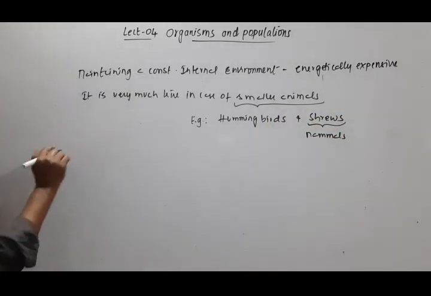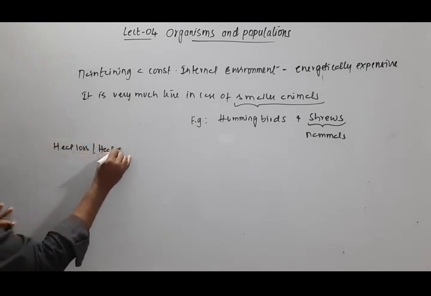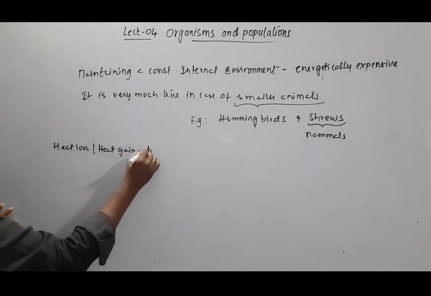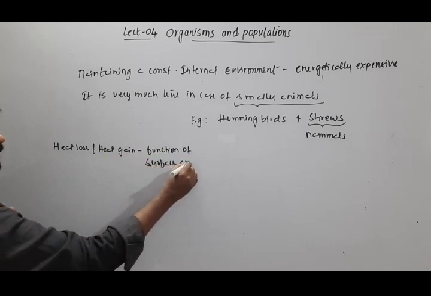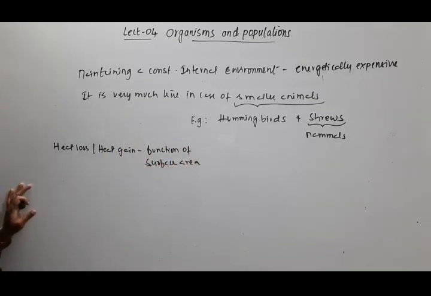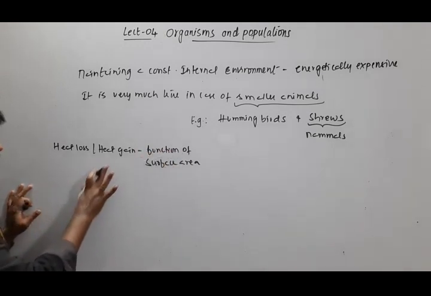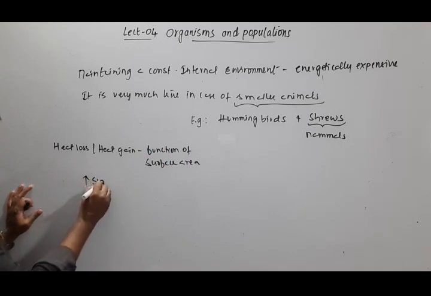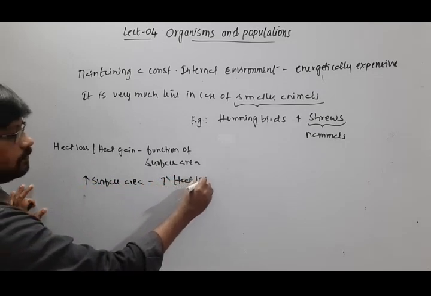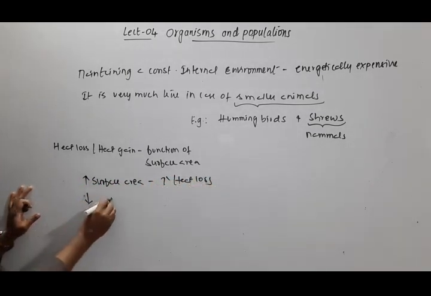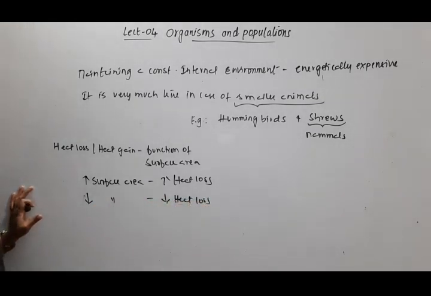Here we know that heat loss or heat gain is a function of surface area. What do we mean by that? If there is more surface area, then there is more heat loss, right? Less surface area, then there will be less heat loss.